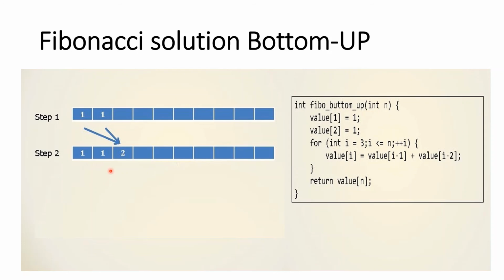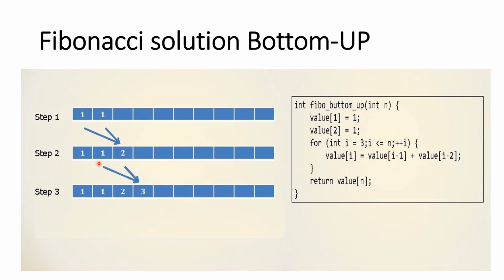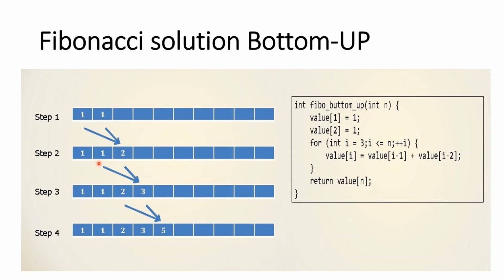Similarly, the current value and the previous value are added together to find the result of the next value, and then it's stored again in the array, and so on. This is the process of tabulation using the bottom-up approach.